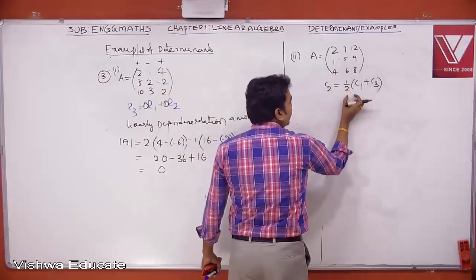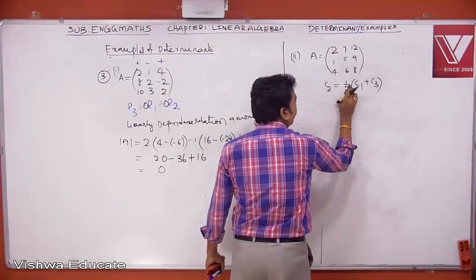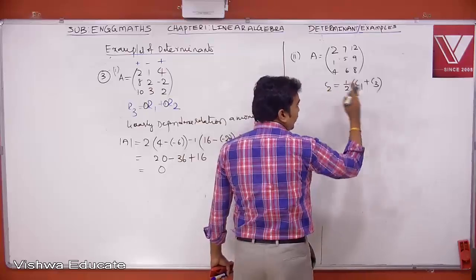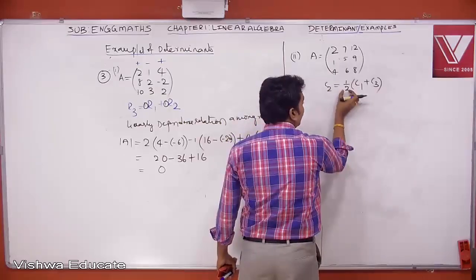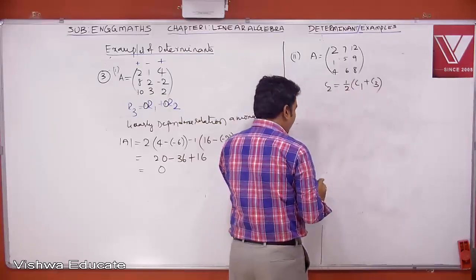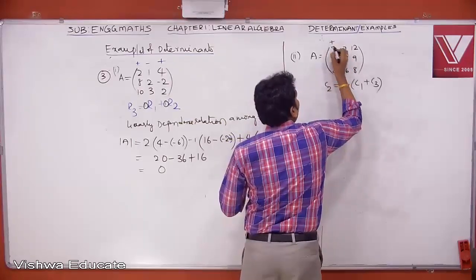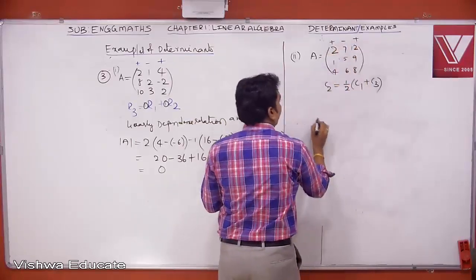Now you can see in this example, column 1 is multiplied with 1 by 2 and column 3 is multiplied with 1 by 2. So you can have different constants, but here also I selected 1 by 2 particularly. Therefore, let us see the determinant of this matrix. Here this is plus, this is minus, this is plus.